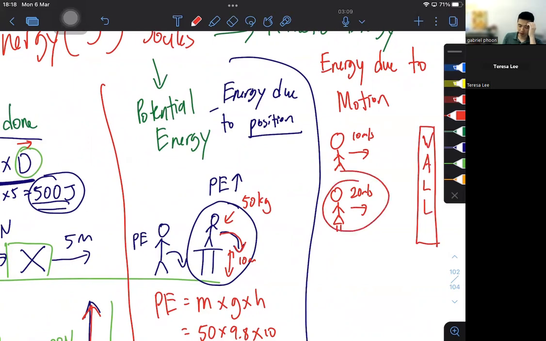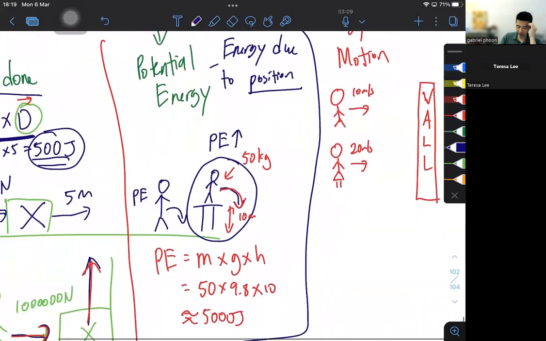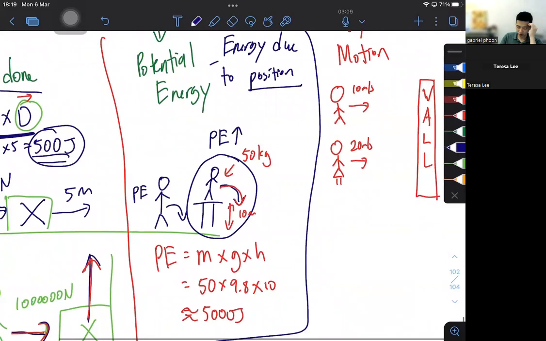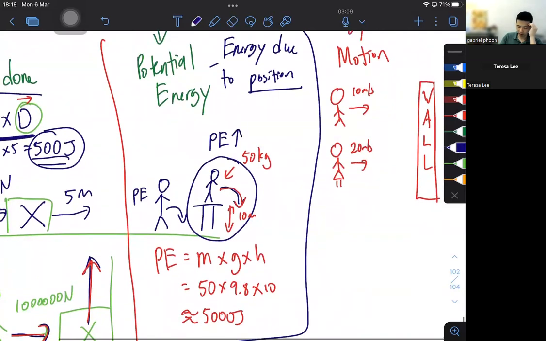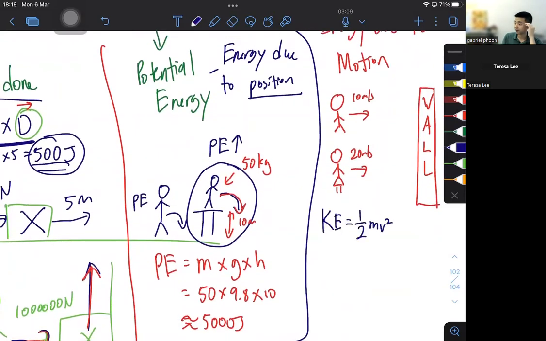Obviously, you're going to hurt more, right? Why? Because, like I mentioned, kinetic energy is energy due to your motion. The reason why she will hurt more is because she has more kinetic energy. Kinetic energy has a formula, guys: kinetic energy is equal to, once again, half mv squared.